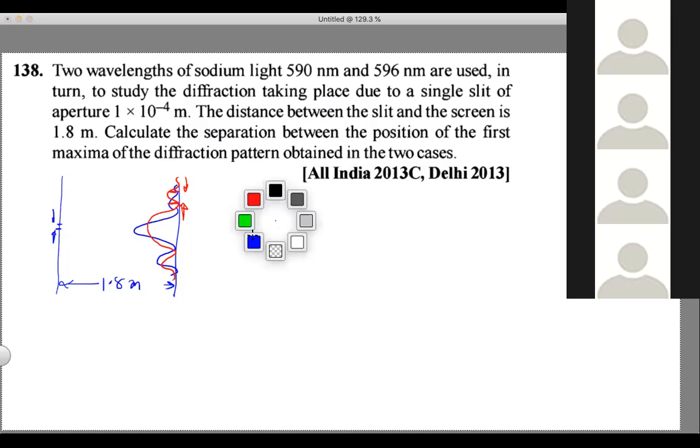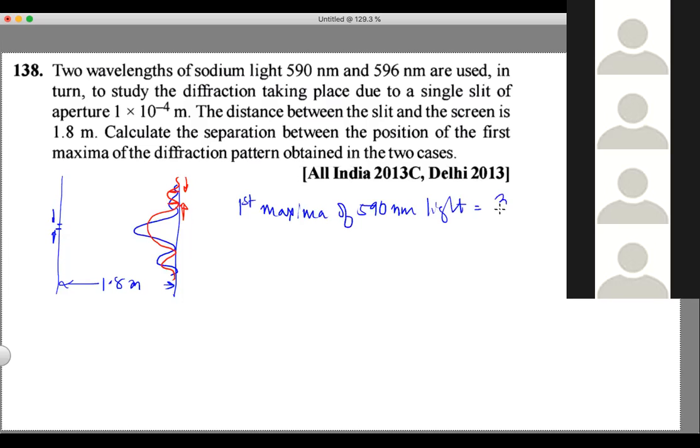Okay, so how will we do that? First maxima of 590 nanometer light. What will it be? When does the first maxima come? At 3/2 lambda D upon small d.